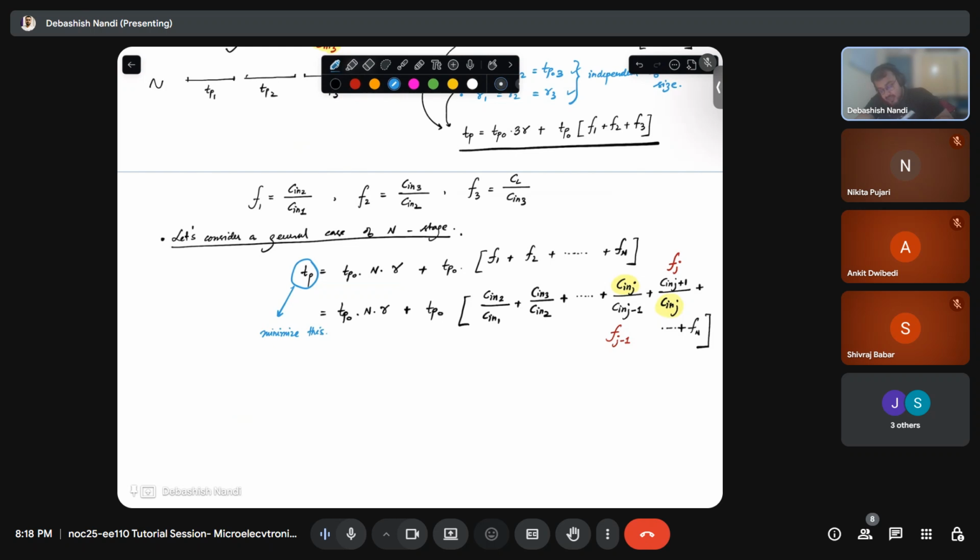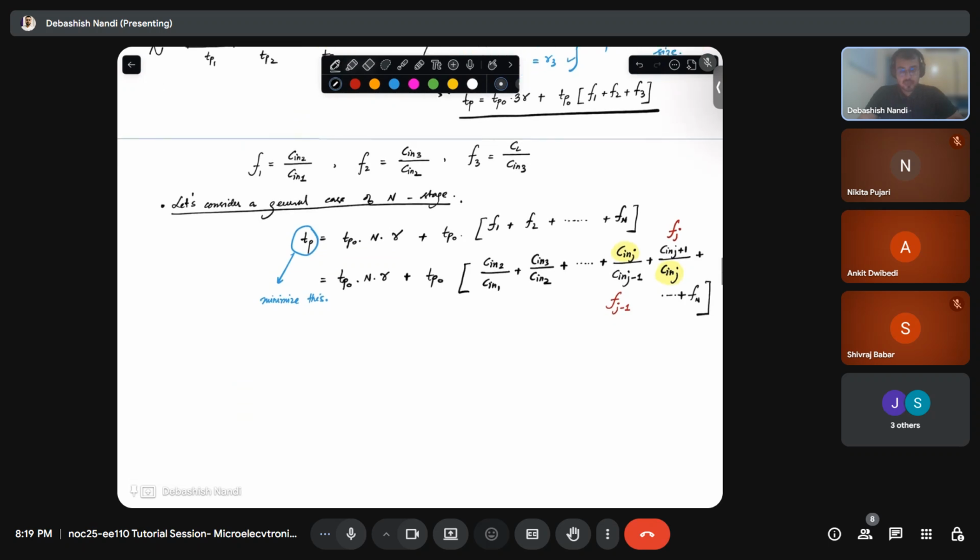How do you find minima in a curve? First order differentiation is 0. So I will take the partial derivative of Tp with respect to C in j.